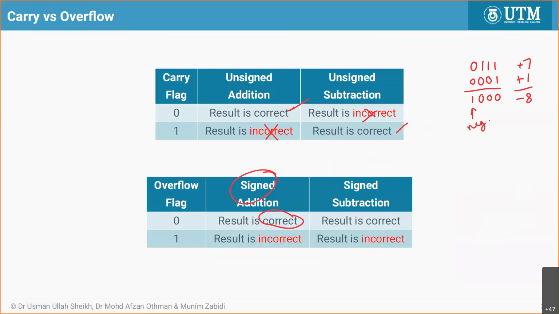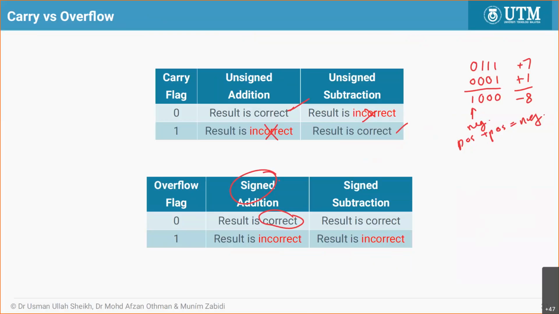What we see here is a condition where positive plus positive gives you a negative number. This is an overflow, and it is because you don't have enough bits. If you enlarge the word size to 8 bits, the problem will be solved. But for right now, this is no good.